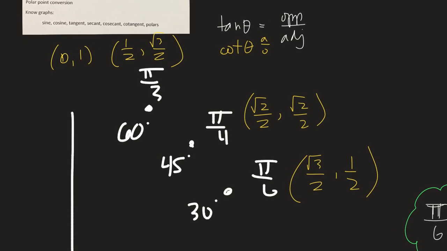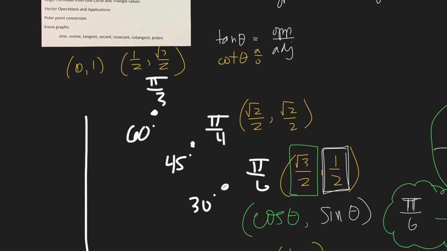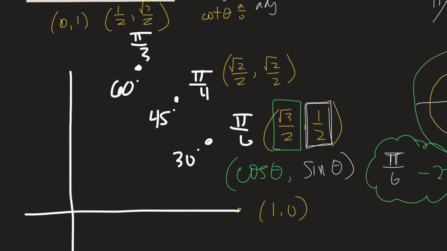Okay, so it turns out that the x value is always the answer to your cosine question. And the y value is always the answer to a sine question. So the sine at pi over 6 is 1/2, and the cosine at pi over 6 is root 3 over 2. And then we ran into the tangent.